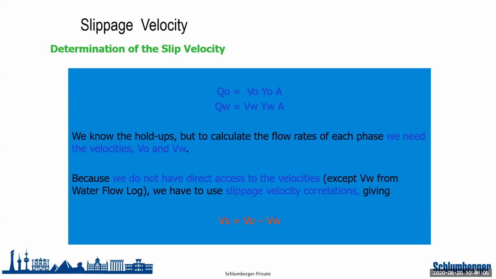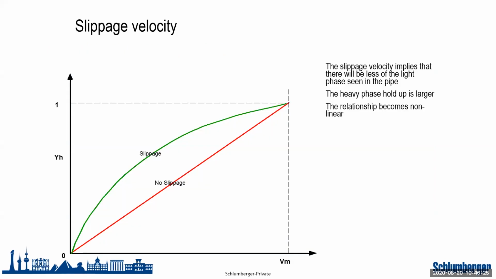So for example, if I have water and oil, the slippage velocity is equal to the velocity of oil minus the velocity of water, okay? To get the velocity of oil and the velocity of water, we need to use the slippage correlations, okay?